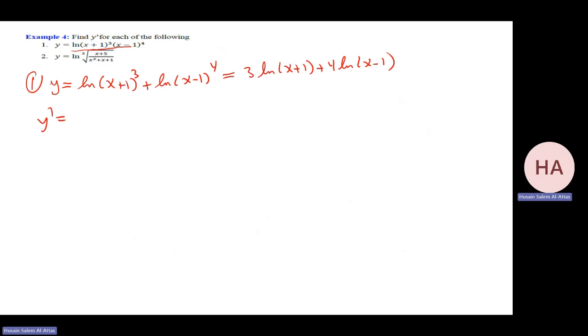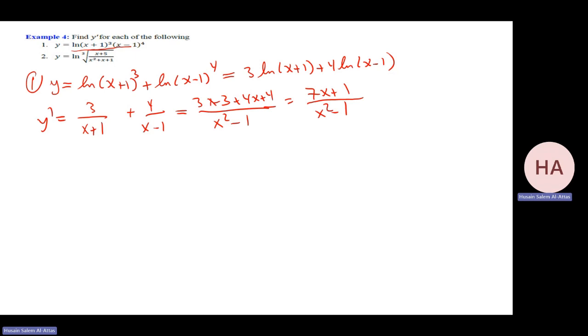So that will be y. Now I do y prime, it will be easy. It will be 3 over x plus 1 plus 4 over x minus 1. In other words, it's what? Over x squared minus 1, 3x minus 3 plus 4x plus 4. And that is what? 7x plus 1 over x squared minus 1, which is very easy.